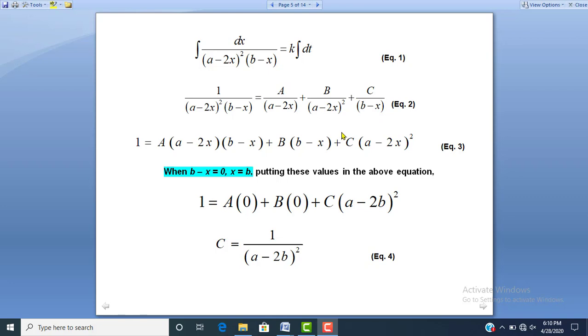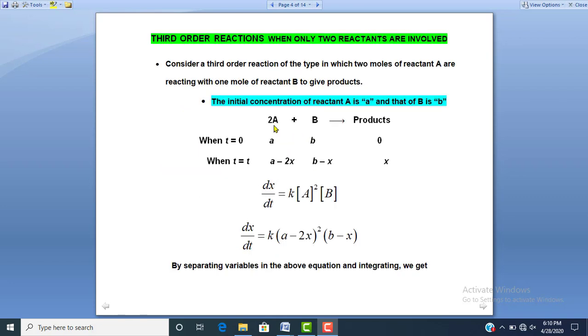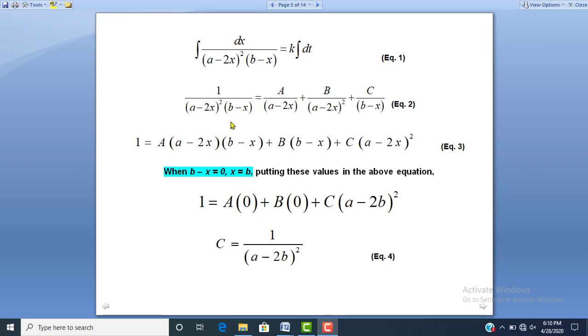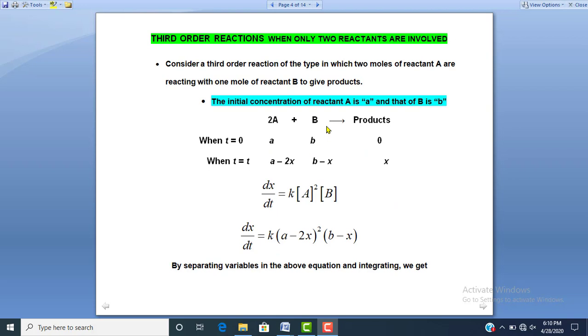Dear students, here is a very interesting point, because when we take the equation, here are 2 moles of A and 1 mole of B. But when we write in the partial fraction method, we take these three constants A, B and C. This C was missing in this reaction. From where has this C come?